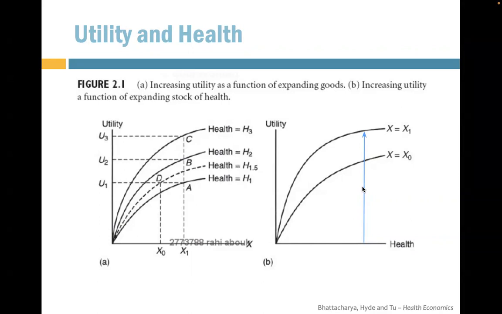H1 is the lowest, H3 is the highest, and we see the same pattern: increasing utility, decreasing marginal utility. Also, with a higher level of health, the same level of goods is going to give us a higher level of utility.